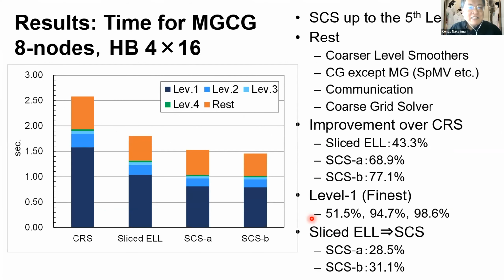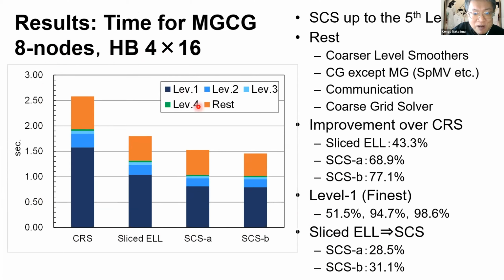So this is the result: time for MGCG using 8 nodes and hybrid 4x16. This is the elapsed time for the MGCG, and down is good. We have CRS, sliced ELL, and the 2 types of SELL-C-sigma.